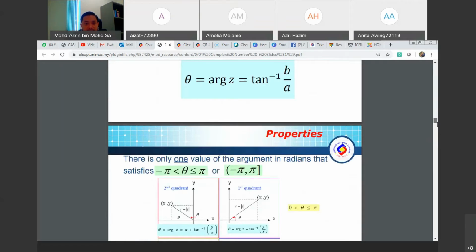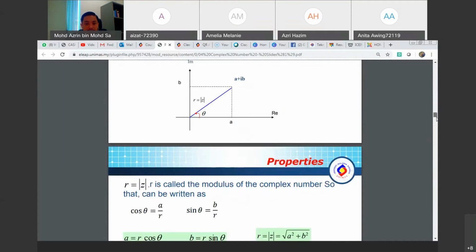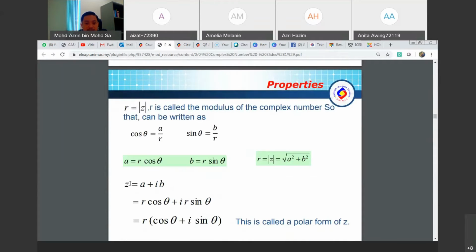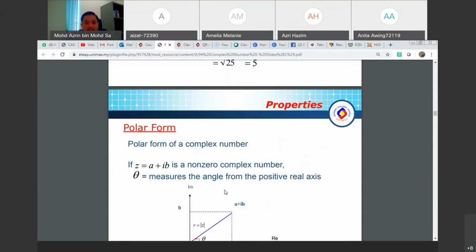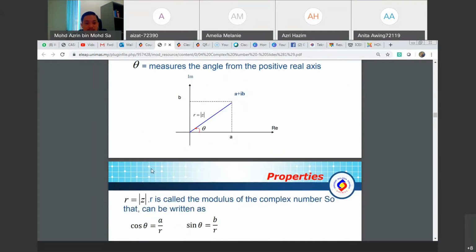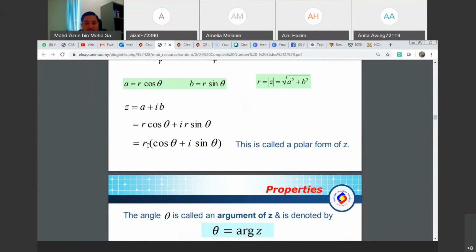Okay, at the first one, z is equal to r cos theta plus i sin theta. This is called a polar form. Okay, dalam polar form dia ada theta. Ini kompleks number yang kita tahu. Ini adalah untuk polar form. Kompleks number dalam bentuk polar form adalah r cos theta plus i sin theta.